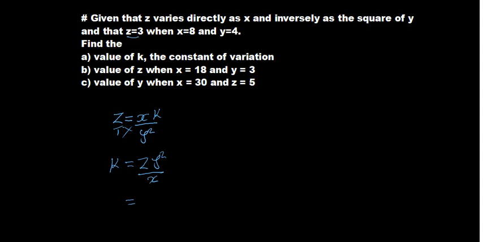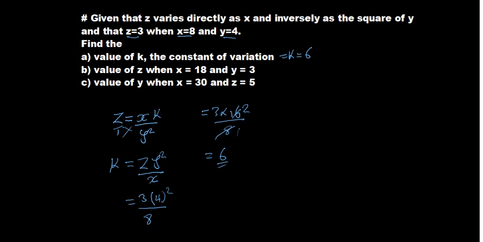We have been told that z is 3, y is 4, so it's 4 squared, divided by x, which is 8. So we have 3 multiplied by 16, because the square of 4 is 16, divided by 8. 8 into 8 is 1, 8 into 16 is 2, so we end up getting 6. So the constant of variation, k, is equal to 6.